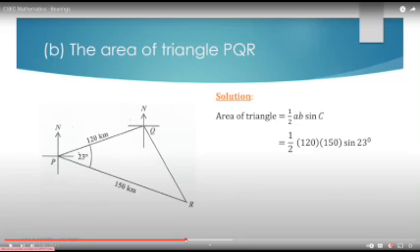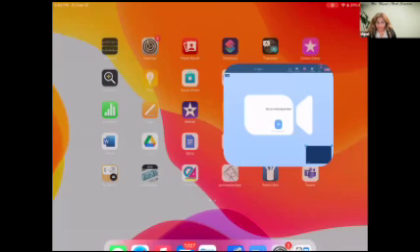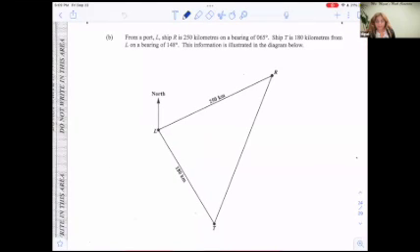So let us look at a past paper question. We are looking at the 2022 June paper. The question reads, from a port L, ship R is 250 kilometers on a bearing of 65 degrees.